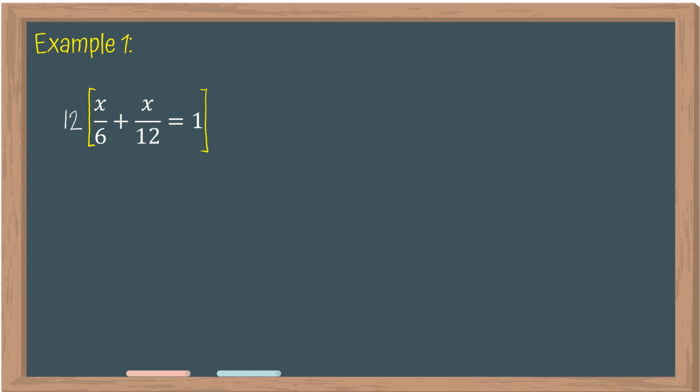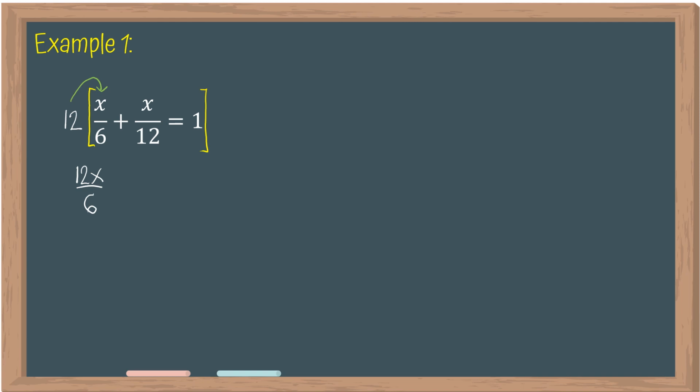So when we say multiply both sides of the equation, that is also the same as multiplying yung ating LCD sa bawat term sa loob ng ating grouping symbol. So, mag-start tayo sa unang term. Multiply 12 to x over 6, that will give us 12x over 6.